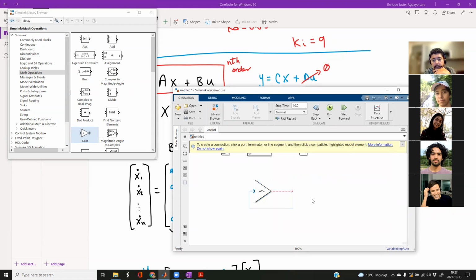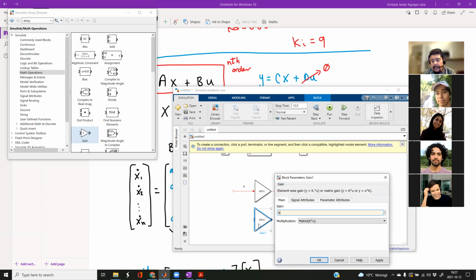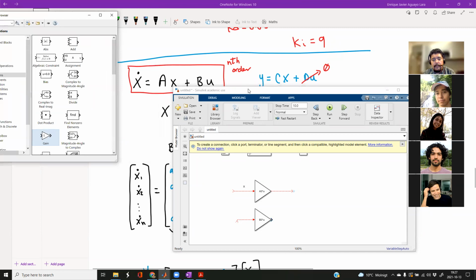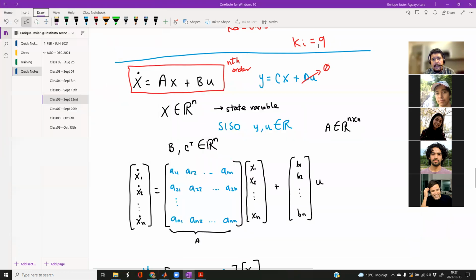So in here, what I have is x. Let's say that this is my variable x. Now, I will copy this one because it's already a matrix. I will put in here matrix B3. What is the input in here? It is b times u. Ax plus b times u.